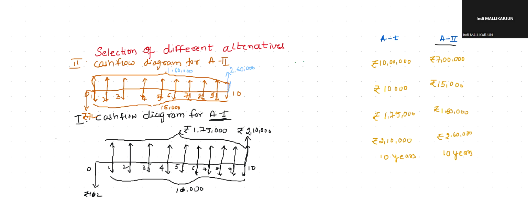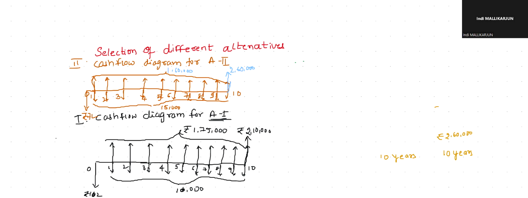Whatever the present value or the annuity, for the given present value, annuity or future value, we calculate the amount, and based on the values we can select which alternative is best.